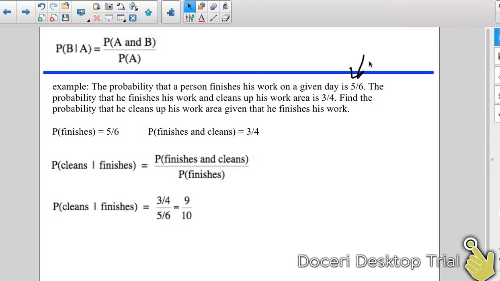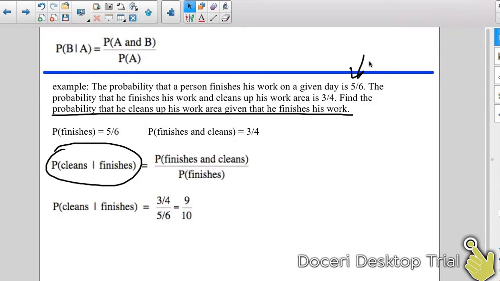Find the probability that he cleans up his work given that he finishes his work. Alright, let's write out that probability first. The probability he cleans up given that he finishes. The given part goes to the right of the vertical line. Let's also write out what we know. We know the probability he finishes is 5/6. The probability he finishes and cleans is 3/4.